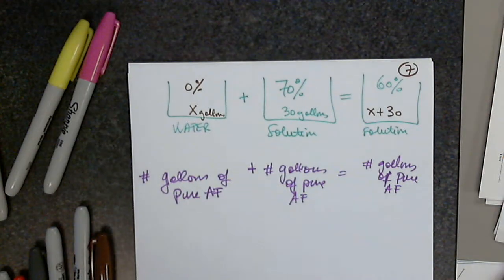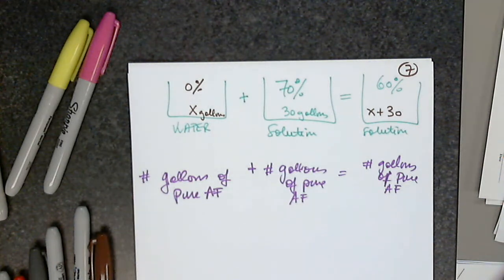How many gallons of pure antifreeze come from the very first container? Nothing. Plus, how many gallons of pure antifreeze are in the second container that I will put in the third? 70% of 30.